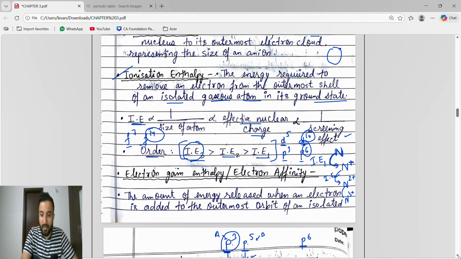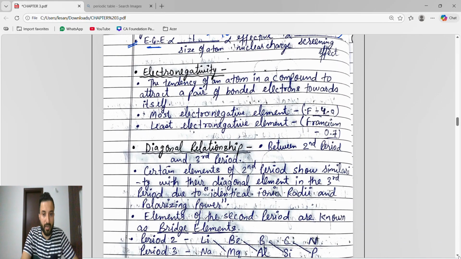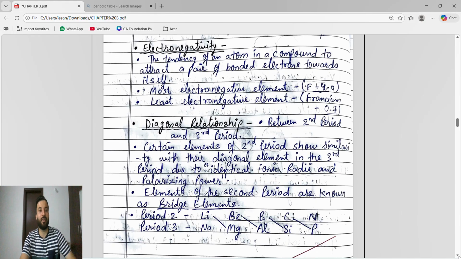But in electronegativity, it will not remove and it will not add. It will just attract the electron, the more electronegative element attracts the electron towards itself.